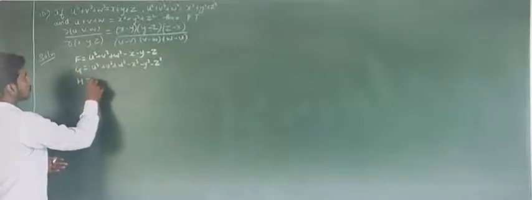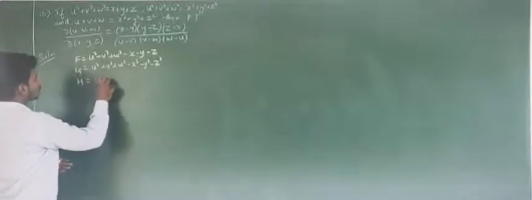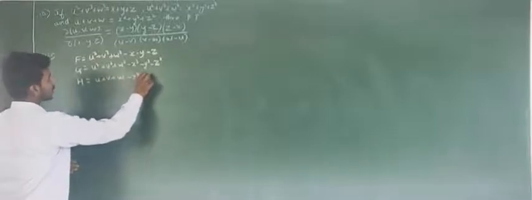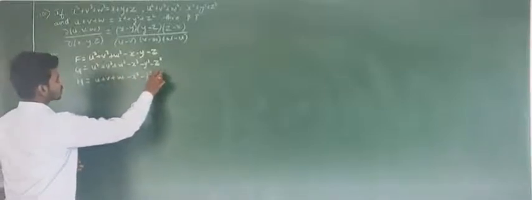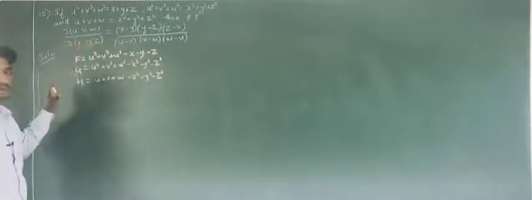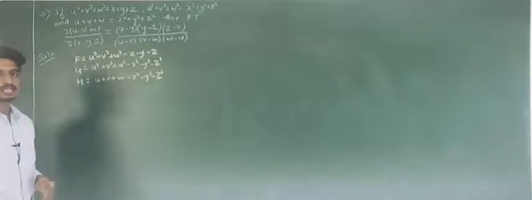Next, h equal to u plus v plus w minus x square minus y square minus z square. We have taken these equations in the form of such functions.